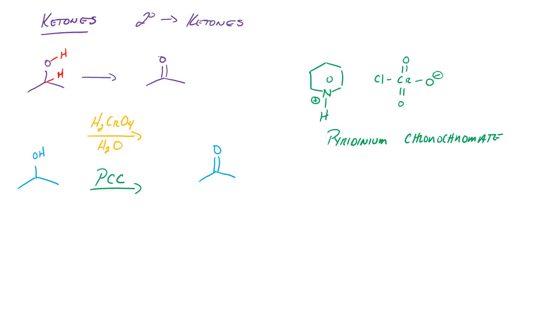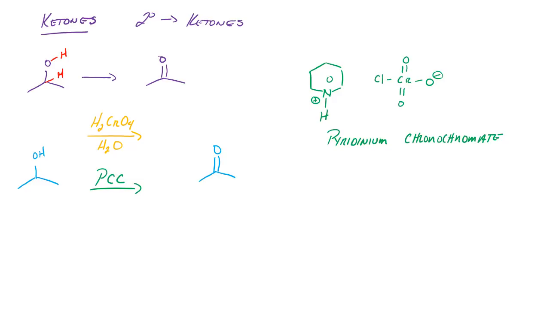So what does this do? Well, PCC is going to be a very useful reaction for us in just a minute. Again, we'll explain why. But right now, what do we notice? We've got another chromium in there. This is going to be one of these repeating patterns that you'll see all along in organic chemistry.